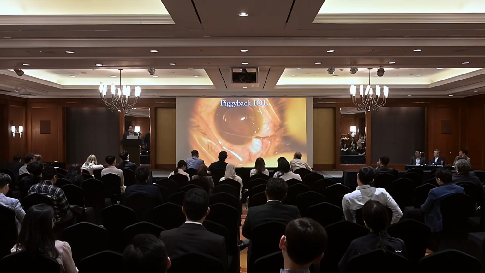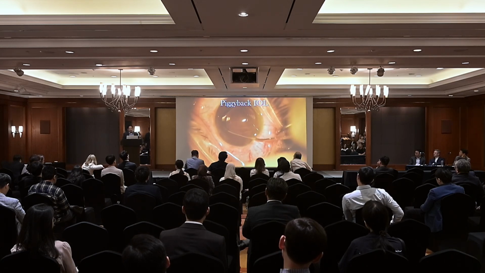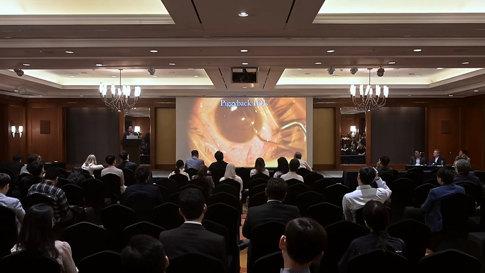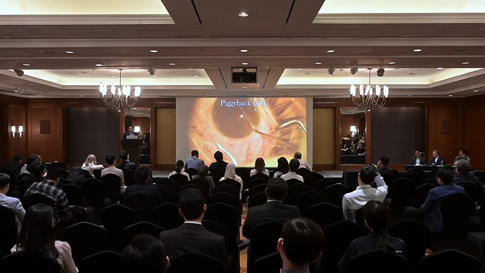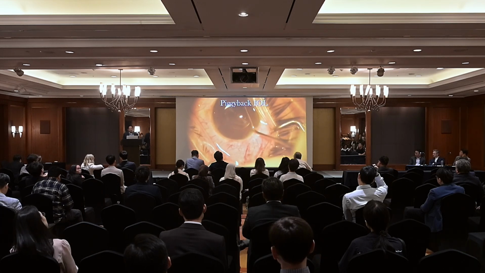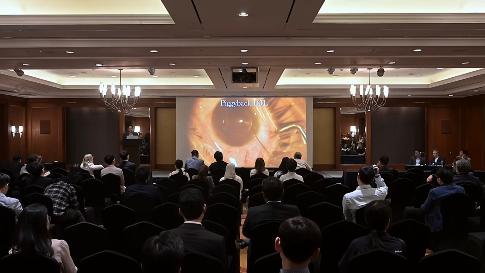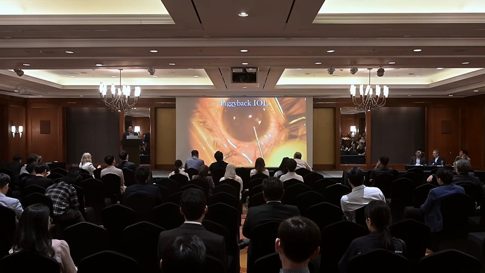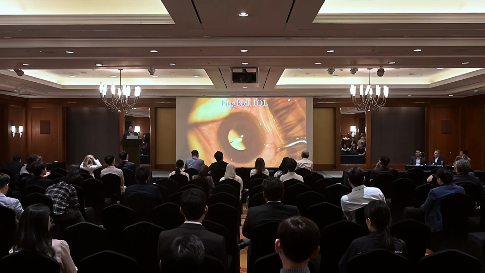So if you find it difficult to rotate, my preference is just to manage it with the haptic and make the centers of both lenses match, simply by looking at the edges of both IOL optics, and then we remove the viscoelastic.